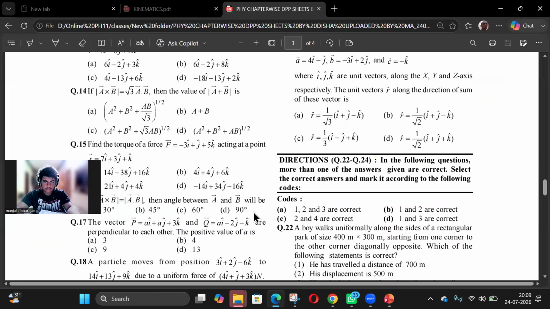What about 14? The 14th one. Again, dot product. Using that, we have to find the resultant vector. A cross B is AB sin theta. A dot B is AB cos theta. So from that I get tan theta as 1 by root 3.